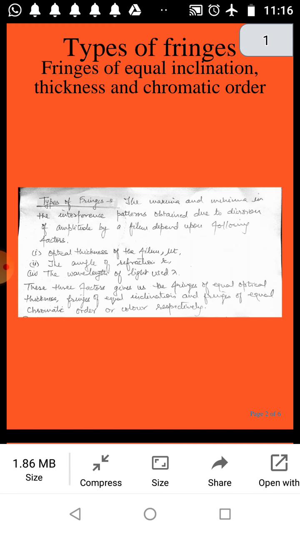Now let us first discuss fringes of equal inclination, or we can say Haidinger fringes. As the name suggests, in this case inclination must be the same. In case of a plane film, mu t remains constant, and therefore either a maximum or a minimum corresponds to a single value of r.